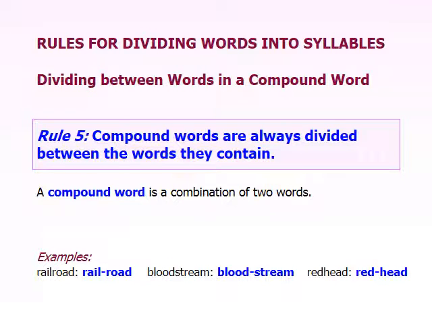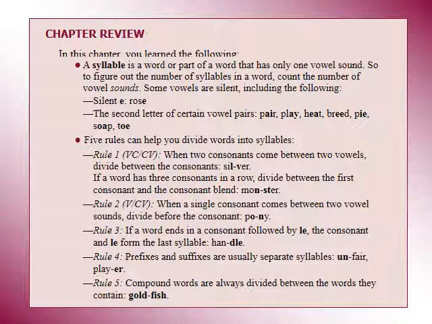All right. So just to review here, a syllable is a word or a part of a word that has one vowel sound. Remember, it's not the number of vowels that are actually written, it's about the sounds that are actually said. And just as a reminder, some words will have two vowels, like rose, but only the first vowel will be pronounced, and the second E is silent.